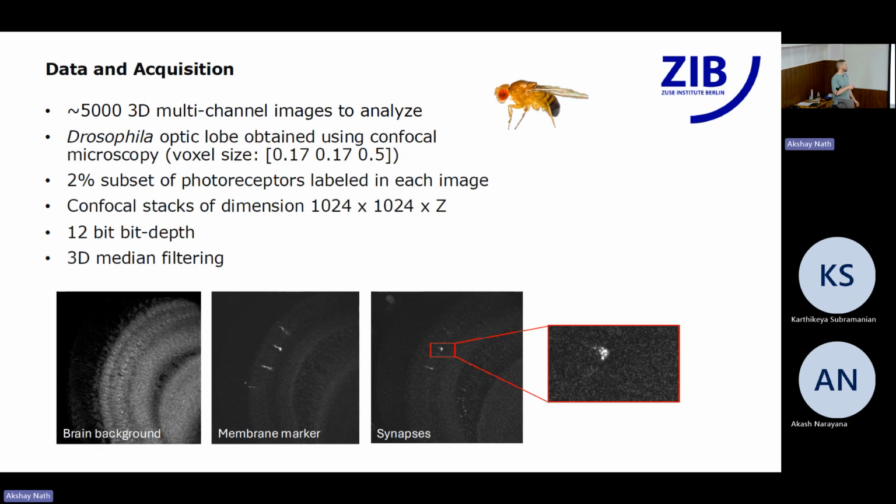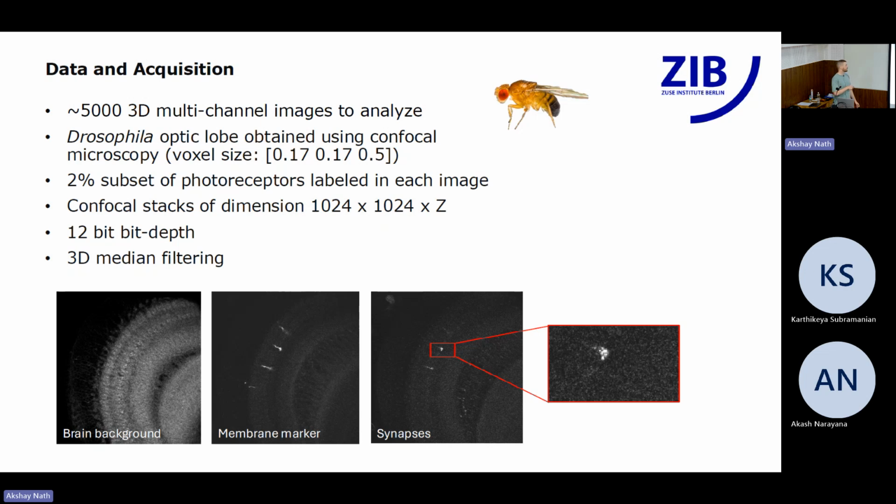I don't know whether this is important, but for example, in the medulla part of each optic lobe, we should have around 1,600 neurons. If we saw all of these neurons in the image, we would not be able to distinguish anything. So we experimentally label a 2% subset of those photoreceptors in each image. So we end up with 2% of those 1,600, around, let's say, 30.